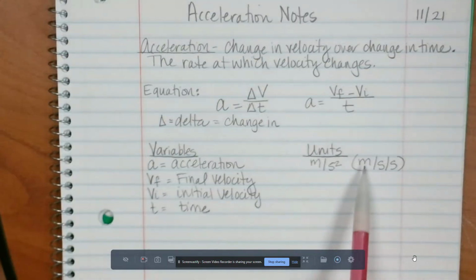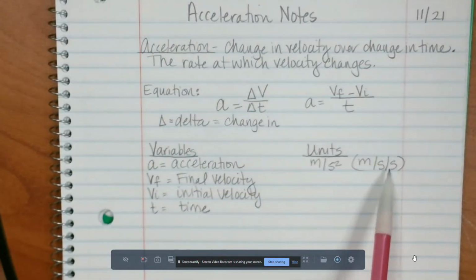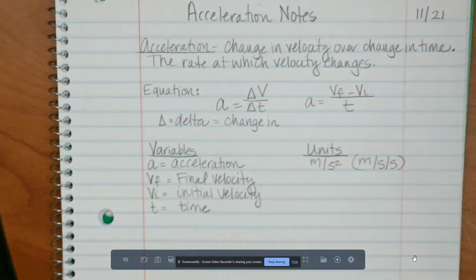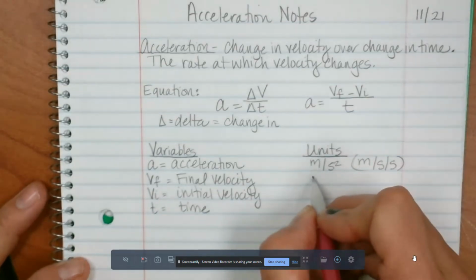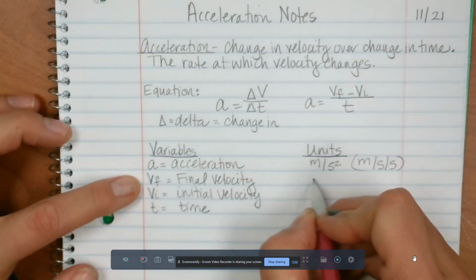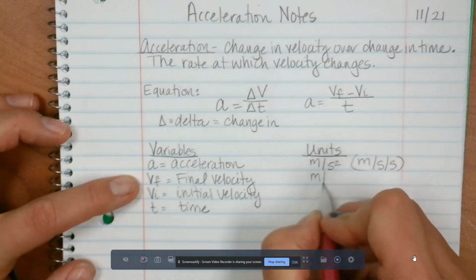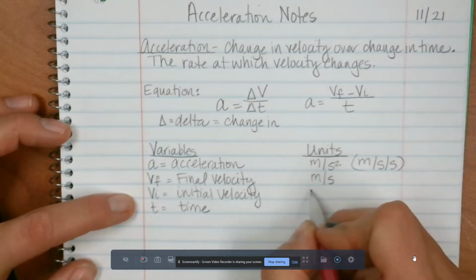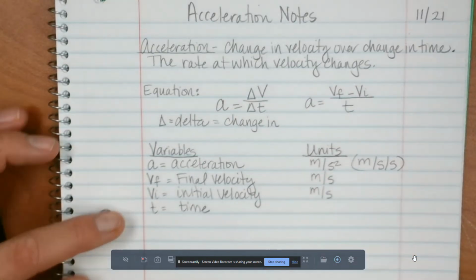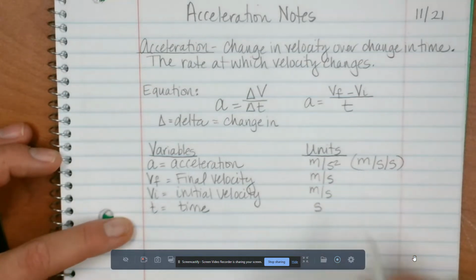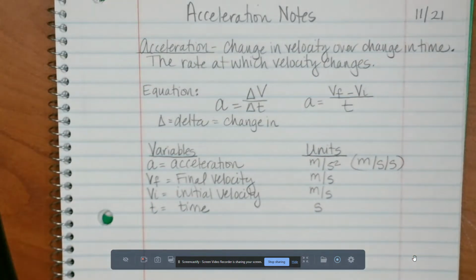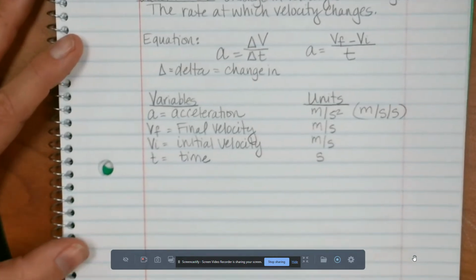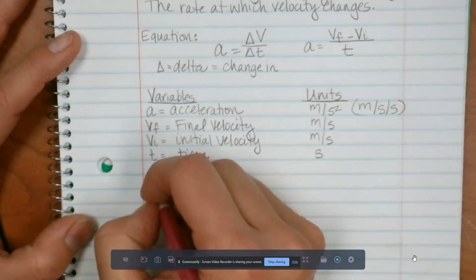So instead of saying meters per second, we square these meters and we end up with a meters per second squared. So our velocity, our final velocity, is just a velocity unit, just like we've been doing. It's just meters per second. Our initial velocity, also a velocity unit, and our time we've done before as well, and it's going to be seconds.